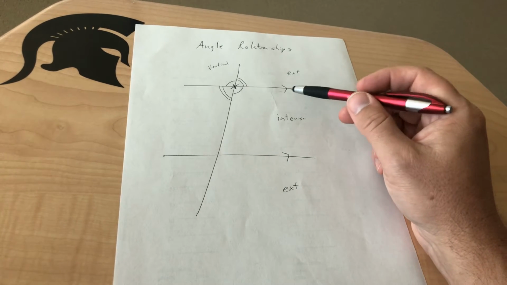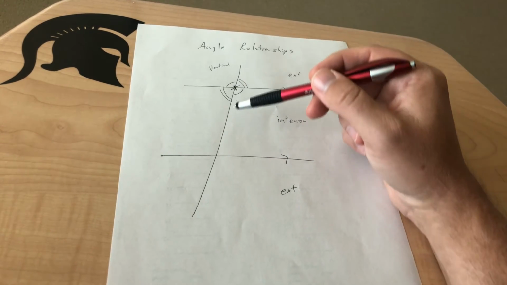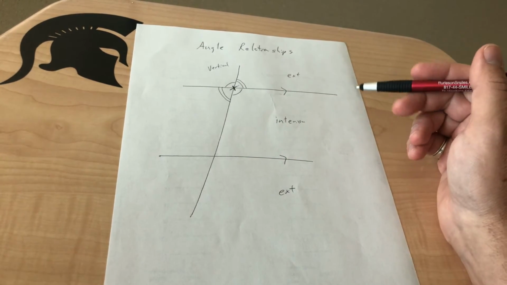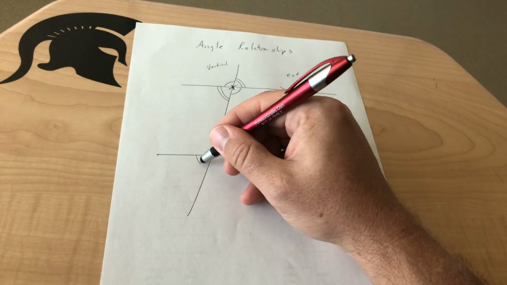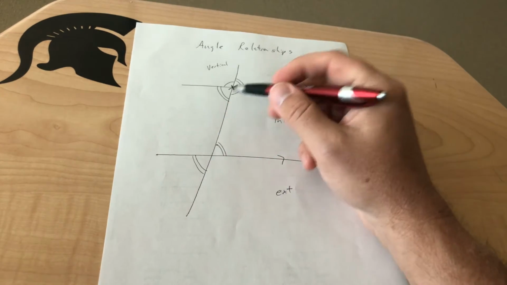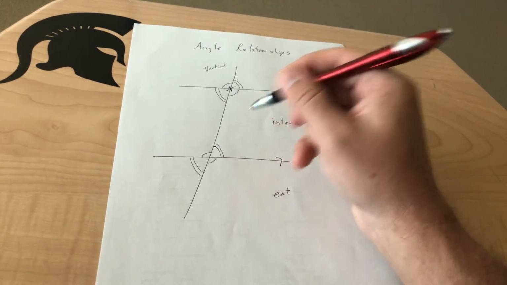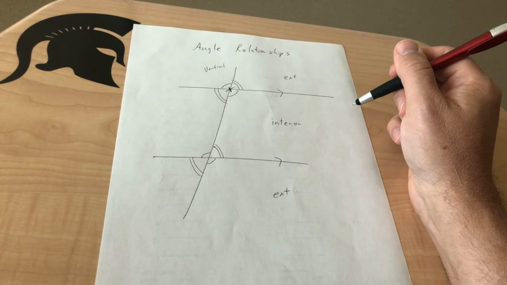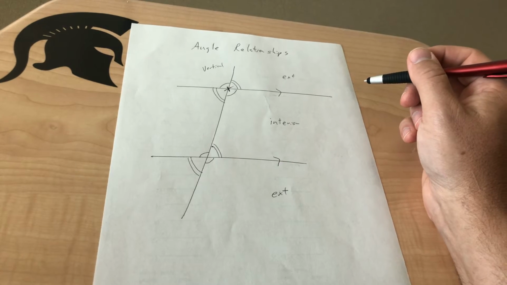And because these lines are parallel, this is basically just taking this exact same thing and sliding it further down this line. So what we're going to find is this right here and this right here also have the exact same measures as the other ones that have two. And this one here and this one here have the exact same measurements as the others that have one. So that means we have some angle relationships where they're all going to be the same.